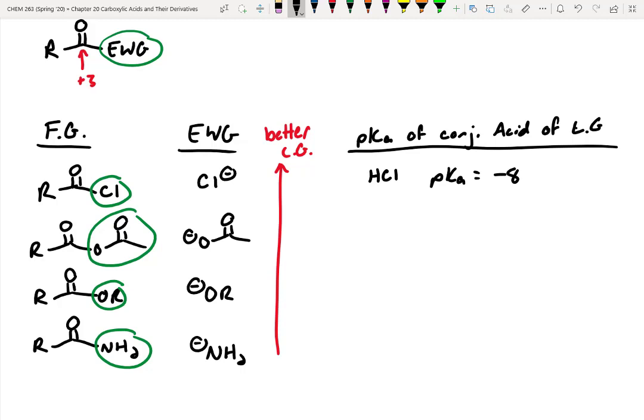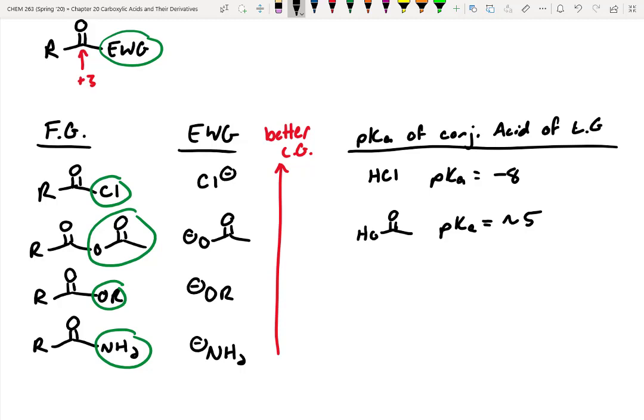So you can tell that chloride is really, really stable on its own, which makes it a good leaving group. The next one, we would have something like a carboxylic acid, which would have a pKa typically of about 5. And you can see it's definitely not as good of a leaving group as chloride, but it's decent.